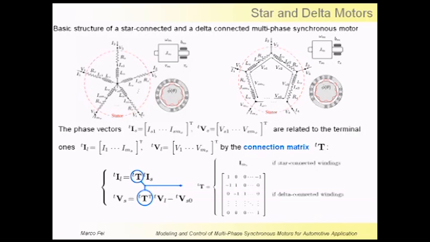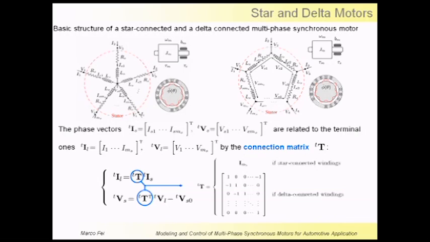In a star connected motor, the terminal current flowing into the terminal is the same that flows into the phase. So the connection matrix is an identity one.